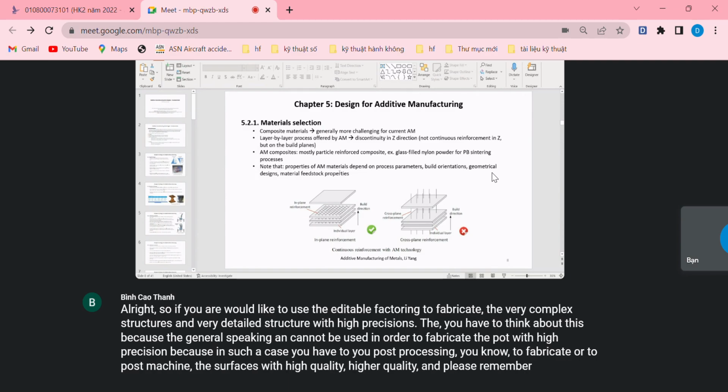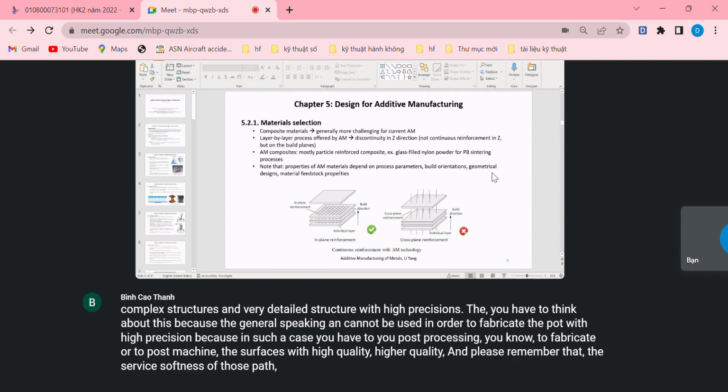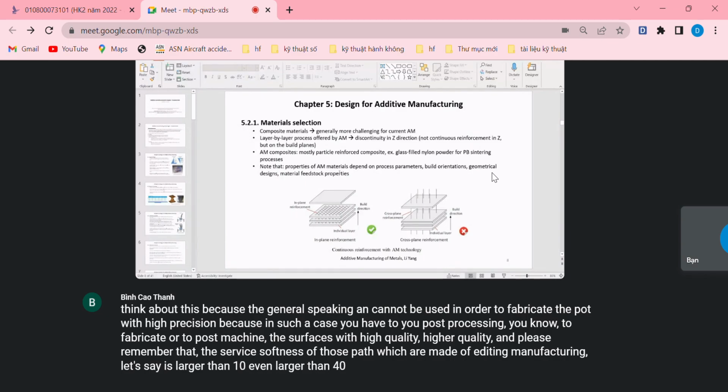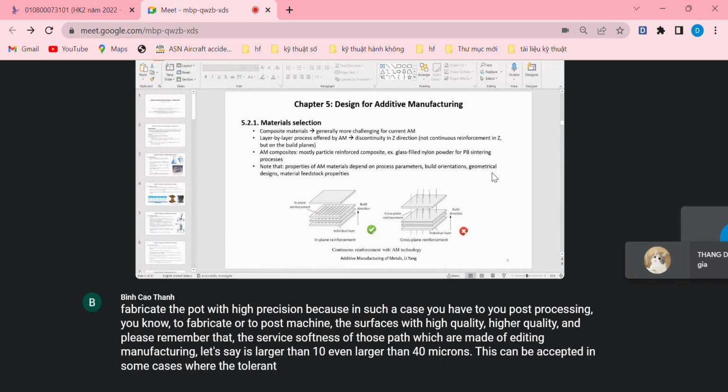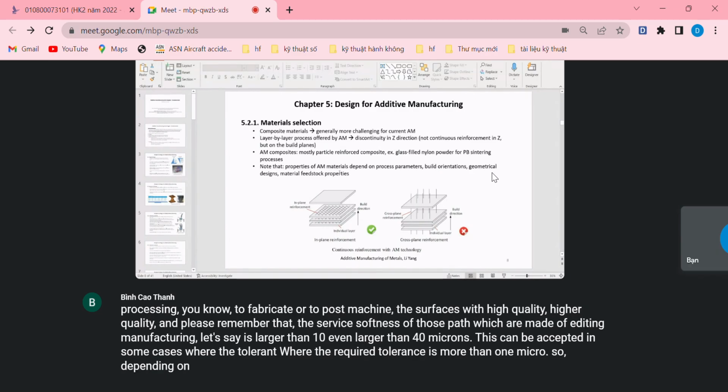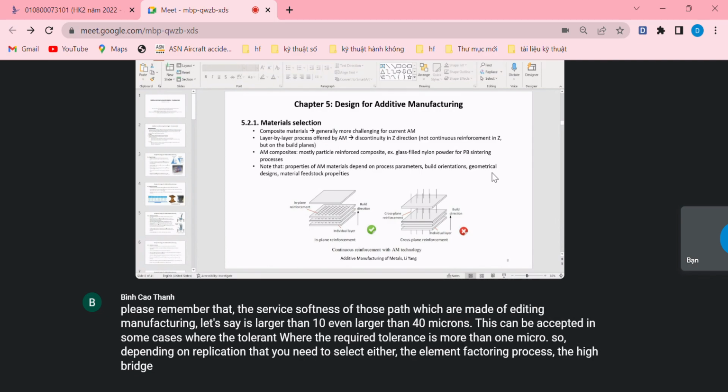And please remember that the surface roughness of those parts which are made by additive manufacturing is larger than 10, even larger than 40 microns. So this cannot be accepted in some cases where the required tolerance is more than 1 micron. Yeah, so depending on the application, you need to select whether the additive manufacturing process or the hybrid process combining additive manufacturing and traditional subtractive machining.